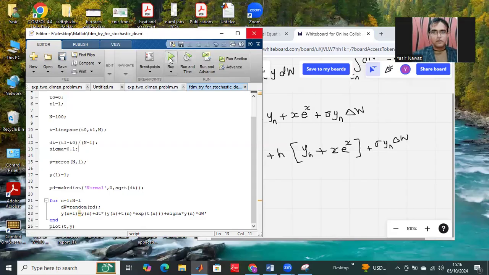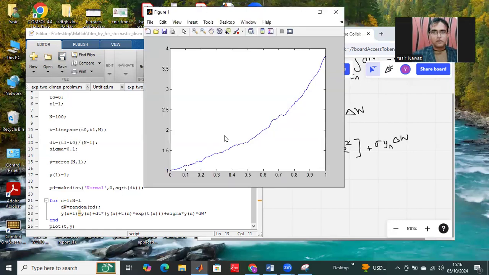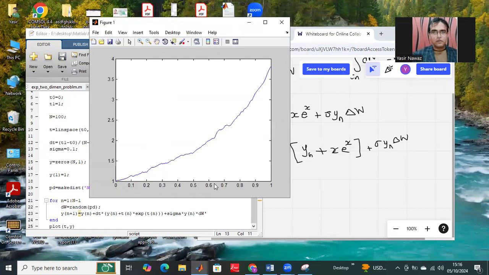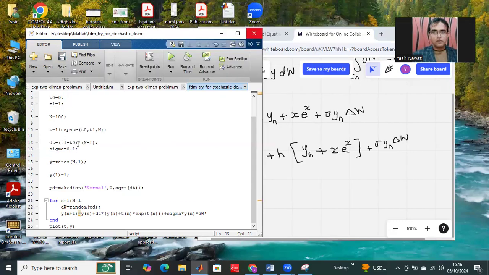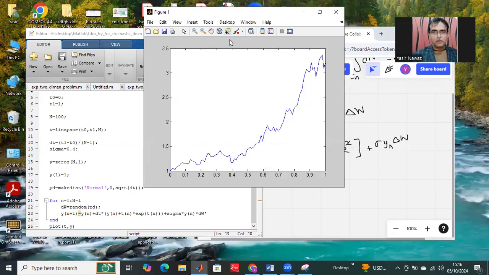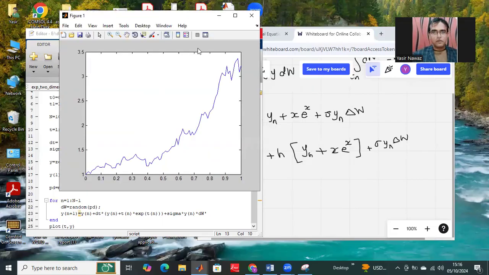So we run the code. Yeah, this is the solution. If I increase the sigma, this coefficient, the solution would be more noisy. So that was the Euler-Maruyama method.